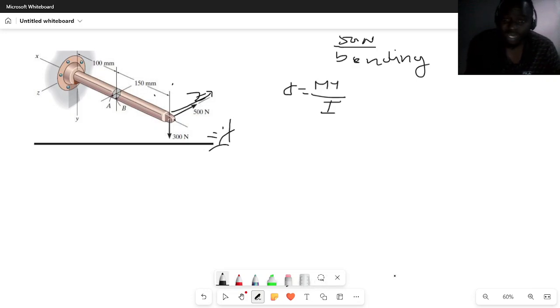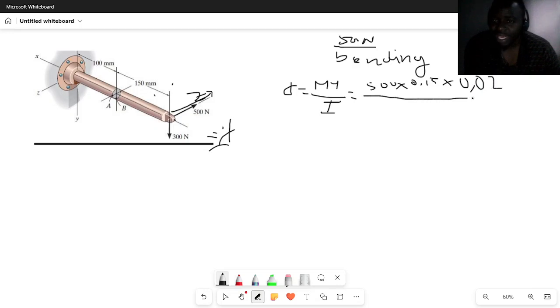So if I understand well, the moment here is simply going to be 500 times 150, in meters 0.15, multiplied by y. And remember, I've told you y is simply the radius. The diameter in this example is 40, so the radius is 20, which is 0.02.